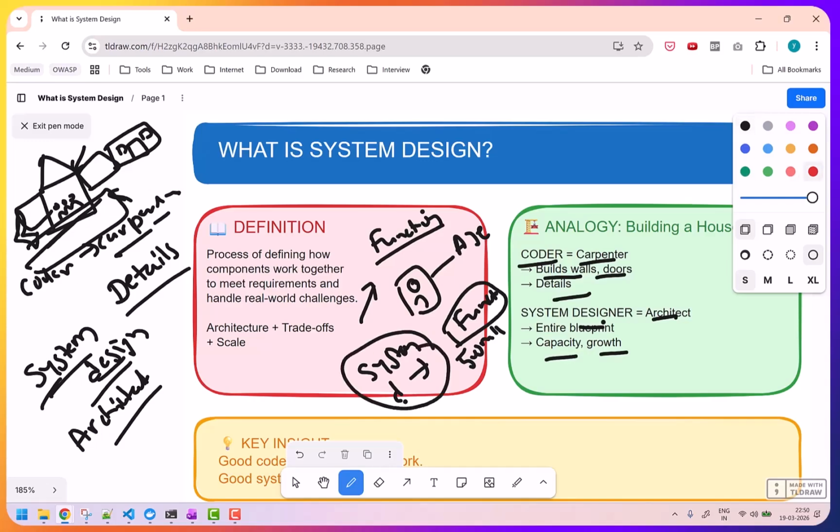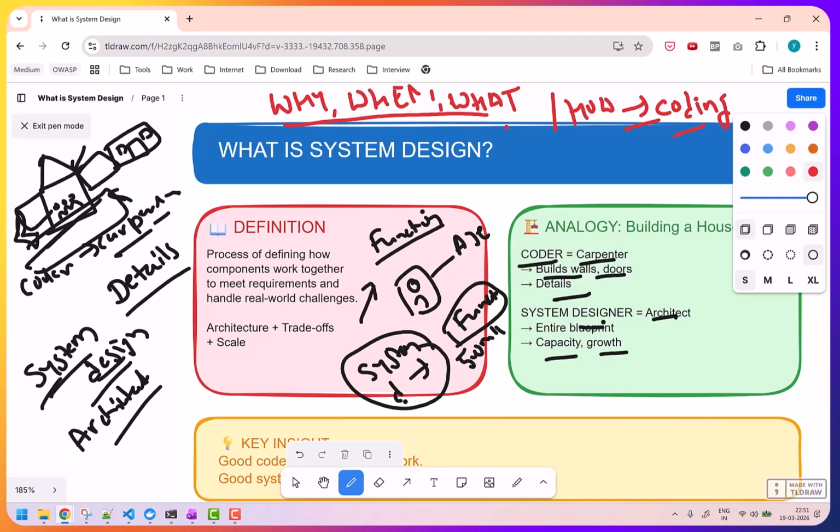System design is about why, when, and what, and how is defined by your coding, how you are going to build it. But what will happen when this many users start using it? All these answers system design will give you.